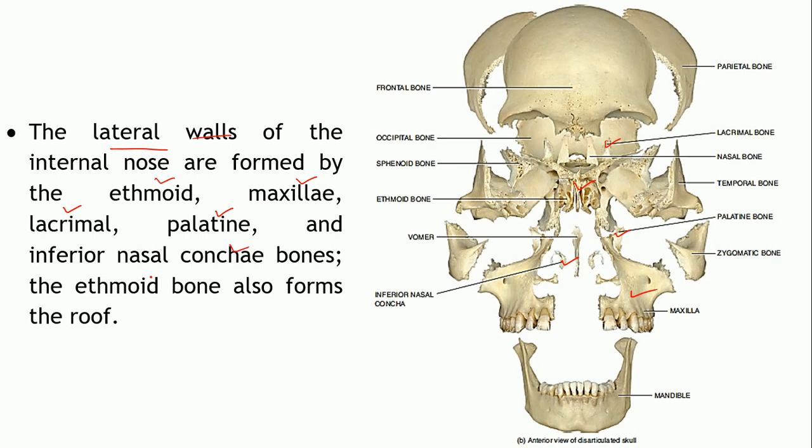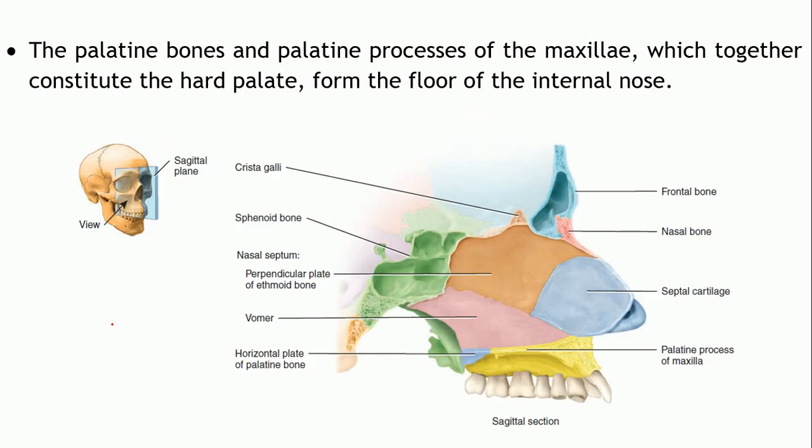Apart from that, the ethmoid bone also forms the roof of the nasal cavity, the top of it. So it is formed by the ethmoid bone. Okay. Apart from that, the palatine bones and the palatine process of the maxillae together form the hard palate.